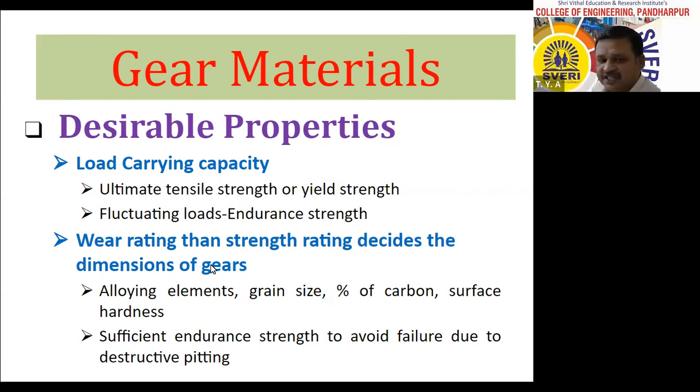Therefore try to understand. The next point is sufficient endurance strength to avoid failure due to destructive pitting. The gear material must have sufficient endurance strength or fatigue strength to avoid failure due to destructive pitting. Yesterday I was saying destructive pitting.